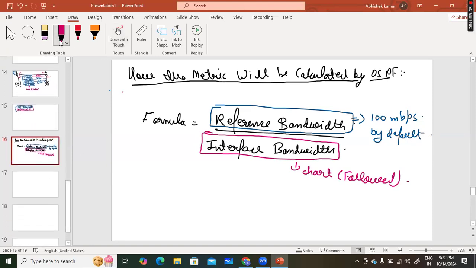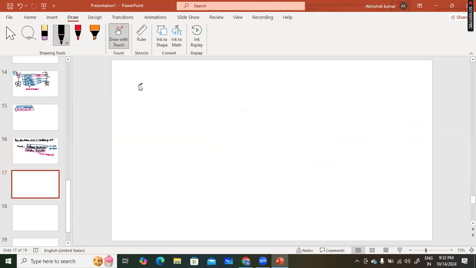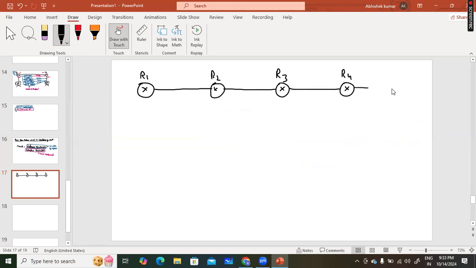So now let's suppose we have a topology, something like that. Like this. Okay, just give me a second now, please.